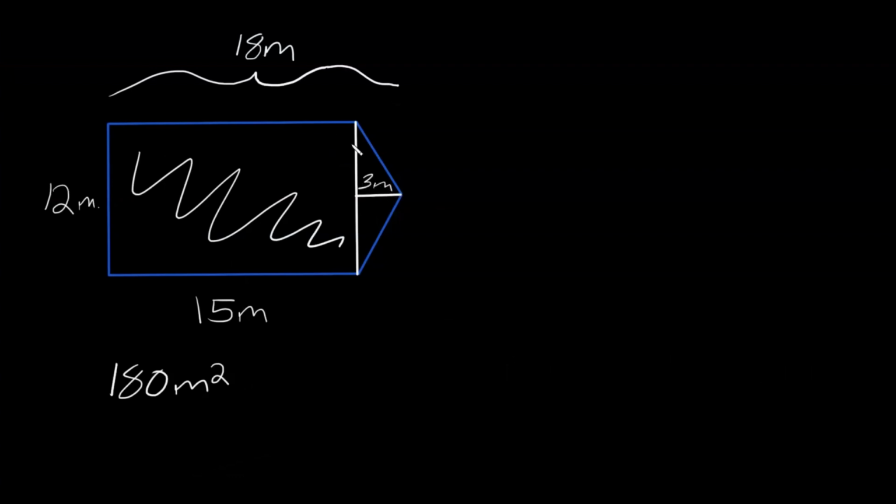And then this length right here is still going to be 12 because it is the edge of the rectangle. So then we just need to find the area of a triangle, and we know how to do that, right? So 3 times 12 is 36, and then times 1/2 is 18. So plus 18 meters squared. And now our answer to this problem is 198 meters squared. And we're done.